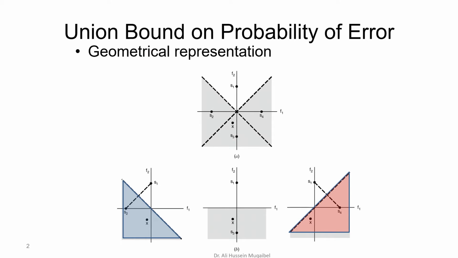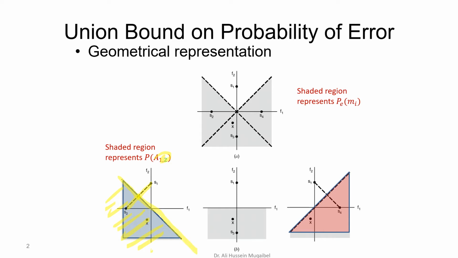Now let me explain why this is not an exact answer and why we have a bound. If you look at the same example here, what we did in the beginning, we considered transmitting S1, and the shaded region indicates that we have an error. So the first probability, A12, in fact covers anything in this region, because comparing S1 and S2, we can draw a line connecting them, then we get a bisector, a point in the middle, and we draw a perpendicular line.